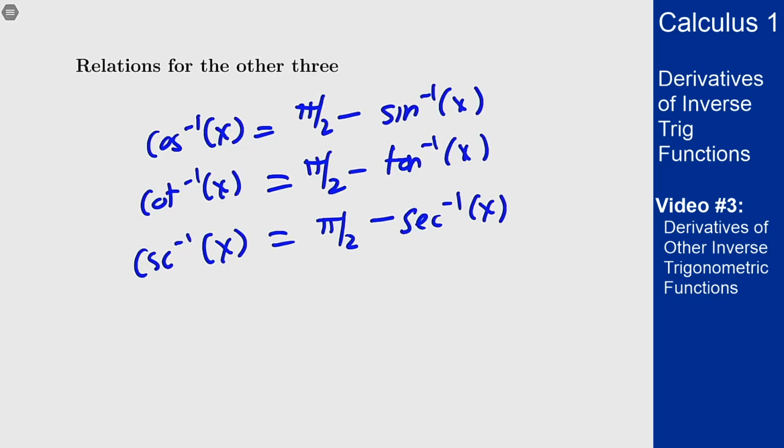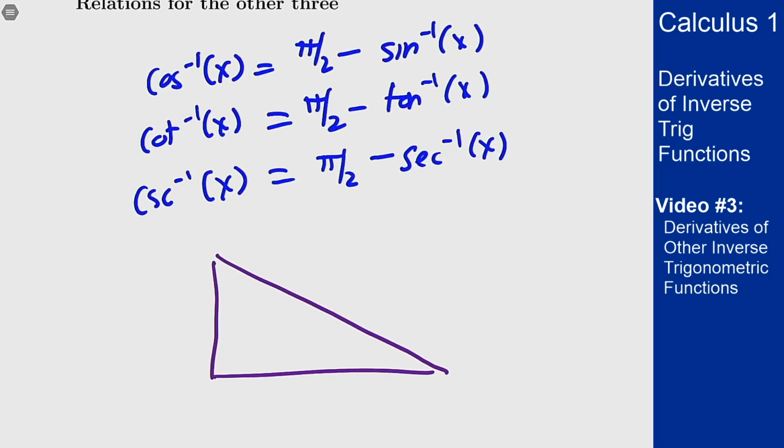Why does this make sense for a triangle? Well, if I draw out a triangle here, x refers to ratios of side lengths. So for the cosine, for instance, if I have an angle theta here, the fact that theta is this angle up here means that cosine inverse of x is theta, which means cosine of theta equals x. Cosine of theta means x over 1 like this.